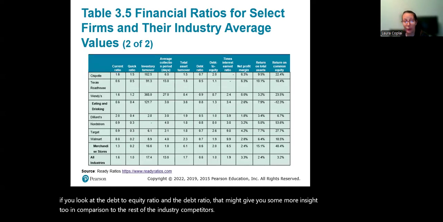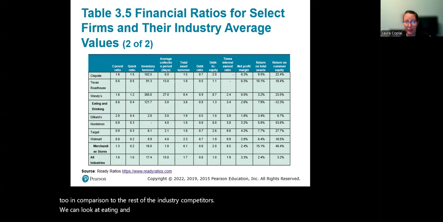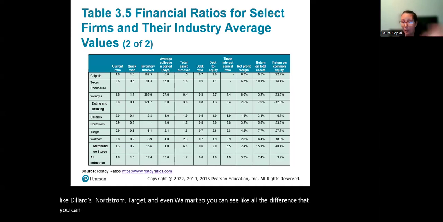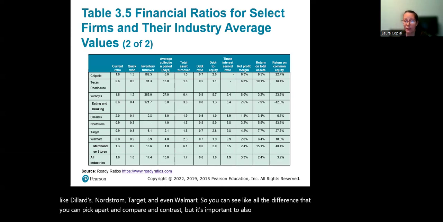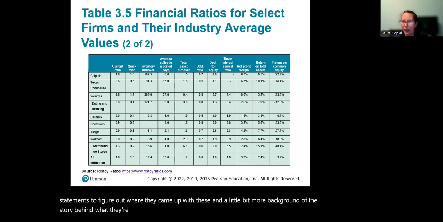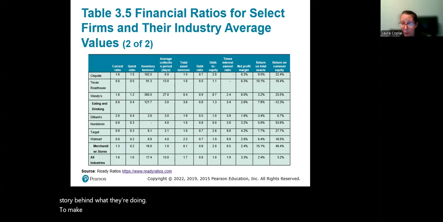We can look at eating and drinking, Chipotle, Texas Roadhouse, Wendy's, or merchandise stores like Dillard's, Nordstrom, Target, and even Walmart. So you can see all the differences that you can pick apart and compare and contrast. But it's important to also look at the financial statements to figure out where they came up with these and a little bit more background of the story behind what they're doing to make them either profitable or not profitable.